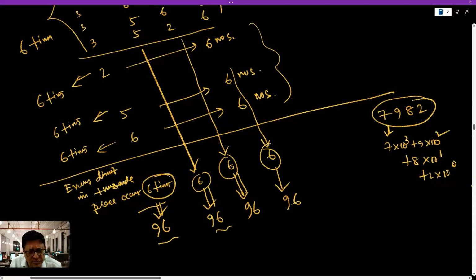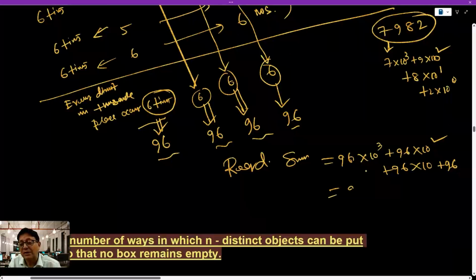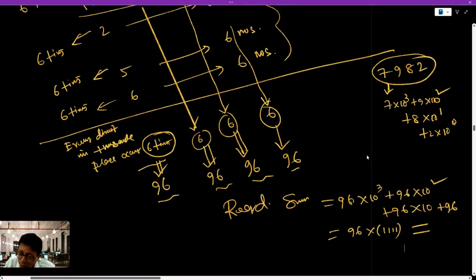Here also the required sum will be 96 into 10 cube plus 96 into 10 square plus 96 into 10 plus 96 into 10 to the power 0, that is 1. So it is 96 into 1111. This product you find, that is the required sum. Clear? Hope you have understood.